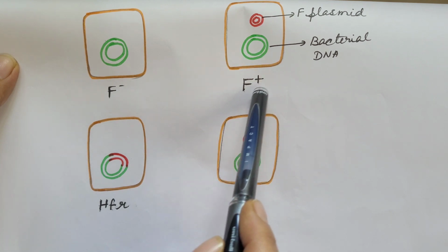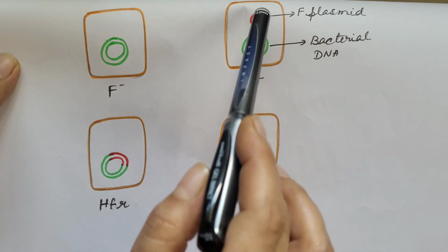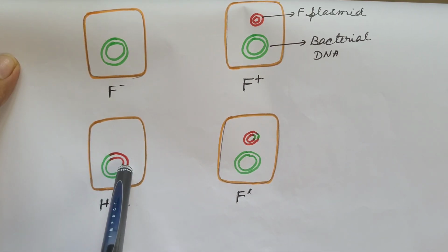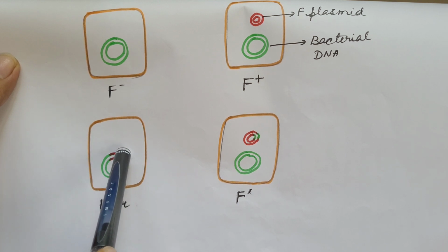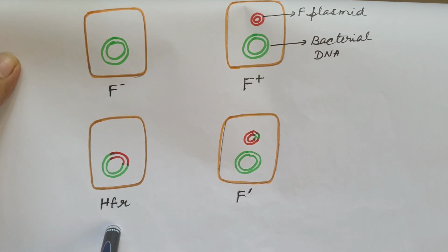This is known as F plus cell, male or the donor cell. In some cases, this F plasmid is integrated in the bacterial DNA or bacterial chromosome by site-specific recombination. Then, this type of bacterial cell is known as HFR cell or high-frequency recombinant.